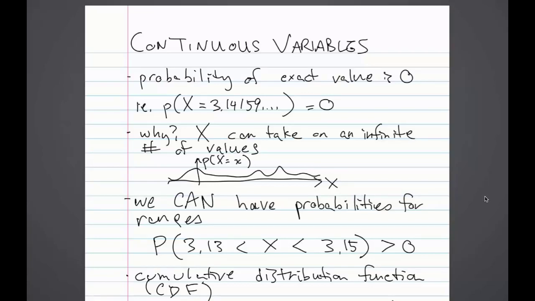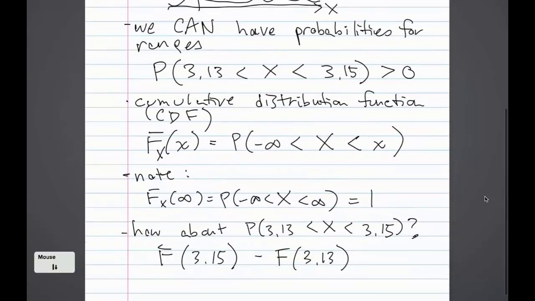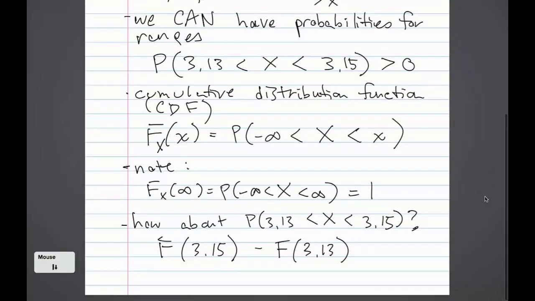We can have probabilities for ranges though. So for example, we can say the probability of x being between 3.13 and 3.15 is greater than 0. We have a useful function called the cumulative distribution function, or the CDF, that helps us measure such probabilities.